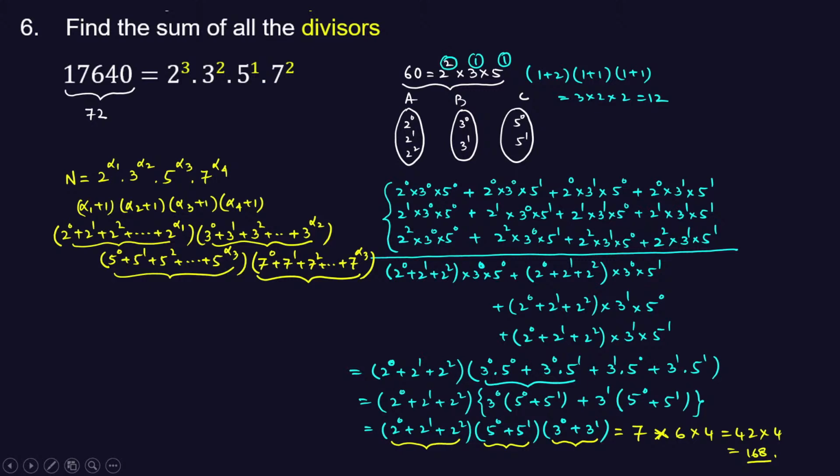Now let us come to the question. We have been given 17640. Total number of divisors are 72. Now I want to find out the sum of all the divisors.